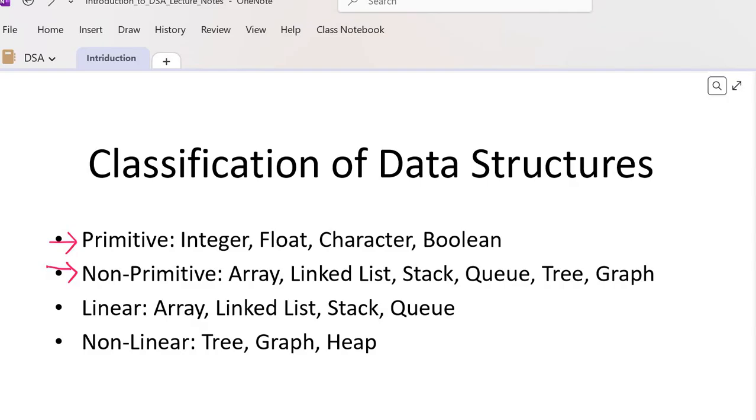Non-primitive data structures are array, linked list, stack, queue, tree and graph, which are also represented as linear and non-linear. Linear ones are array, linked list, stack and queue, and non-linear ones are tree, graph and heap.